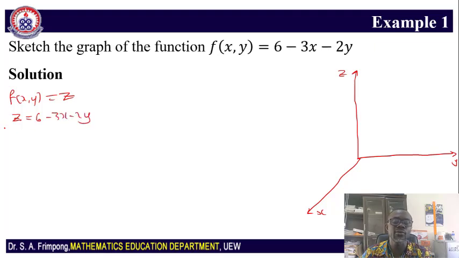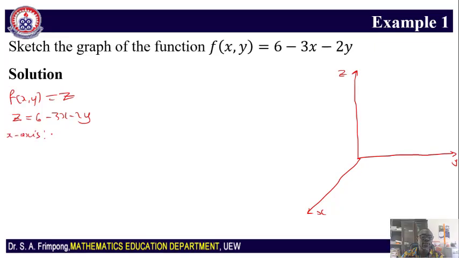So what we do is find the intercepts on each axis. On the x-axis, y and z are both 0. So we get 0 equal to 6 minus 3x, and therefore 3x equals 6, and x is 2. So the point there is 2, 0, 0.